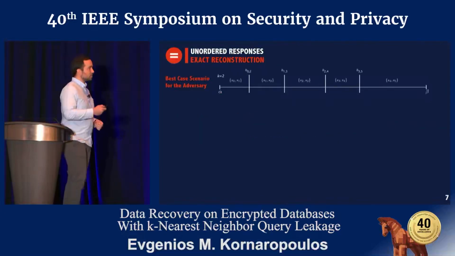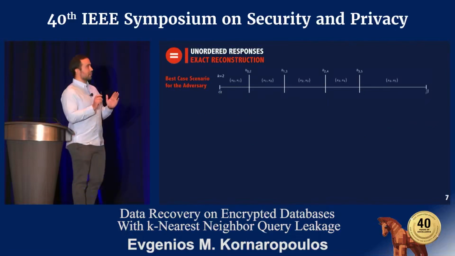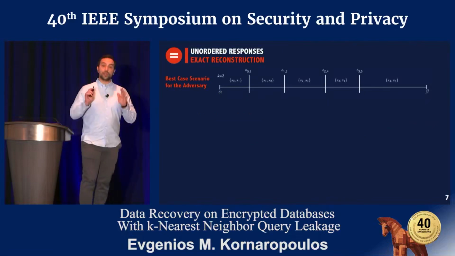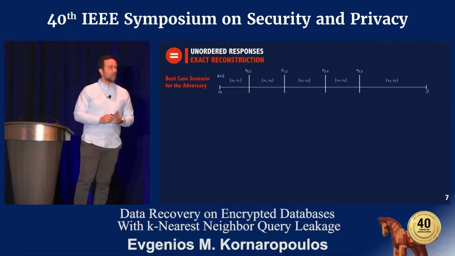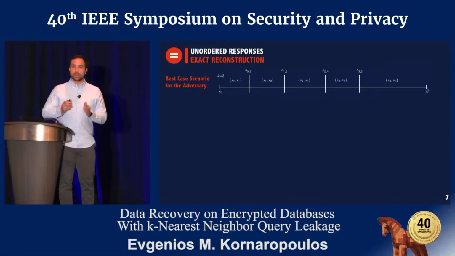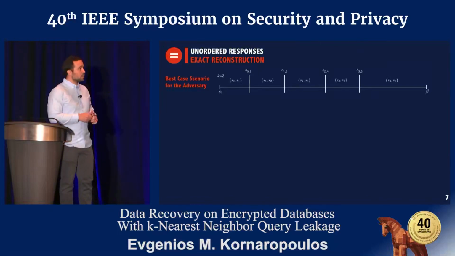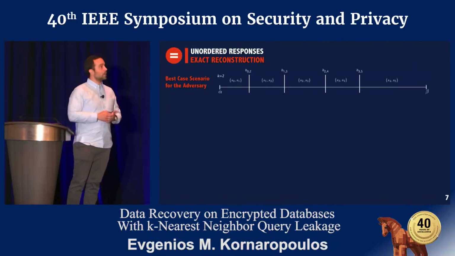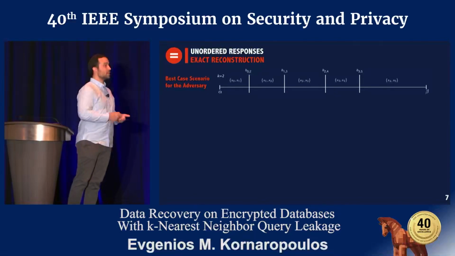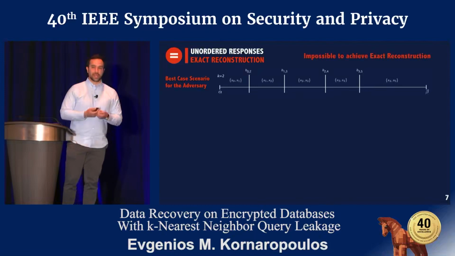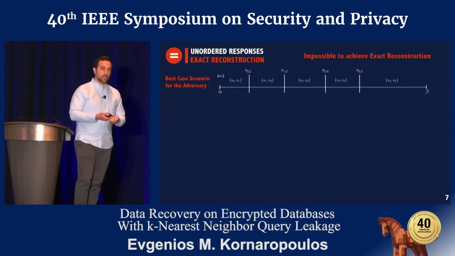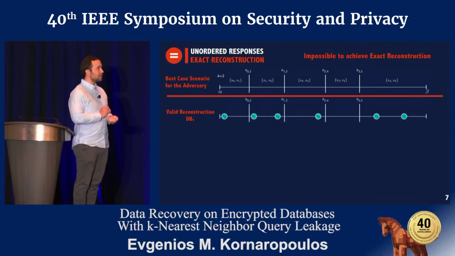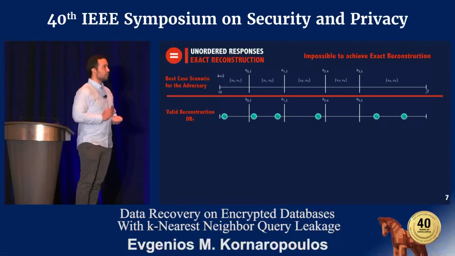For the exact reconstruction, the best case scenario for the attacker is to infer the Voronoi diagram. That happens when all encrypted queries are issued. And we saw that even in this very good case for the adversary, it's still impossible to achieve exact reconstruction. The reason is that here is a valid reconstruction that respects the Voronoi diagram.